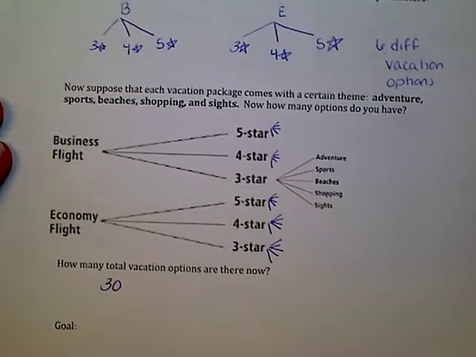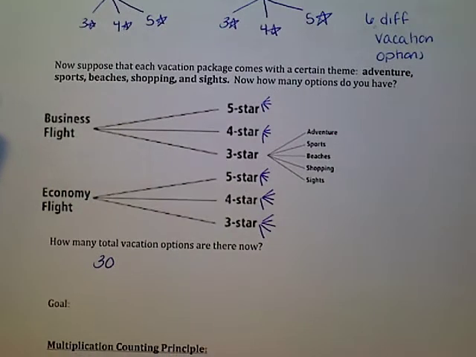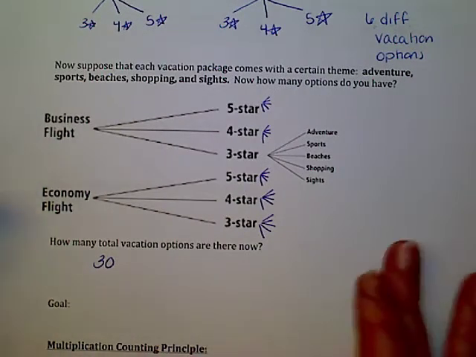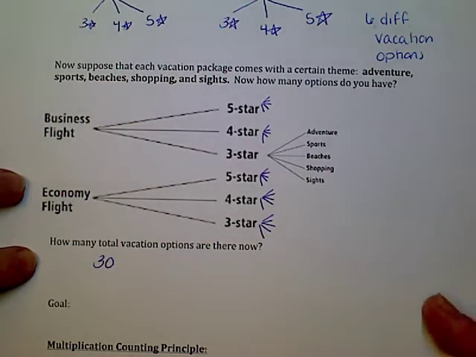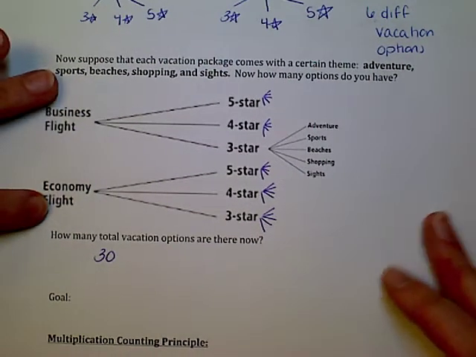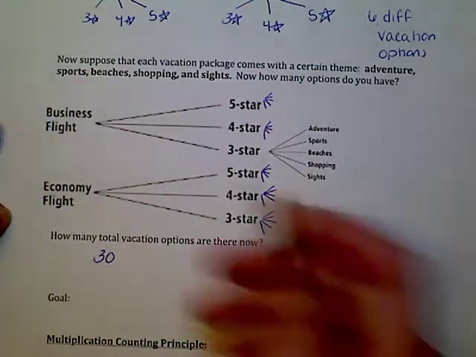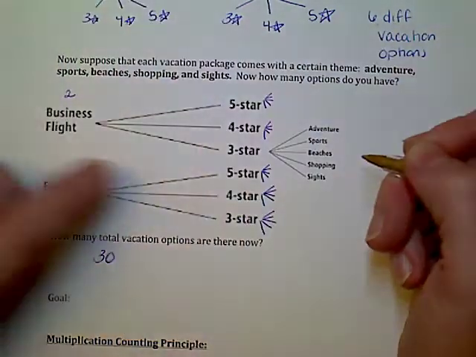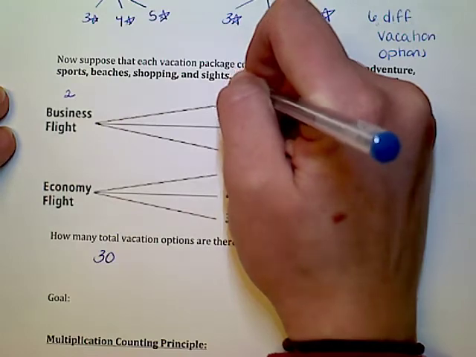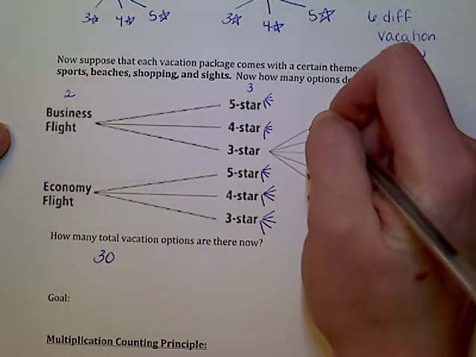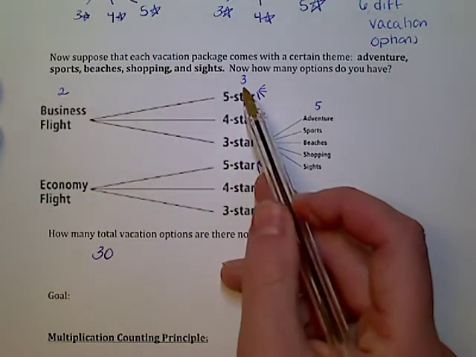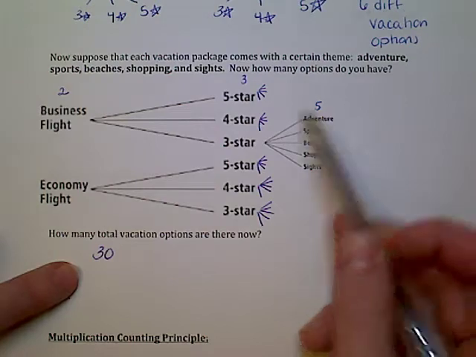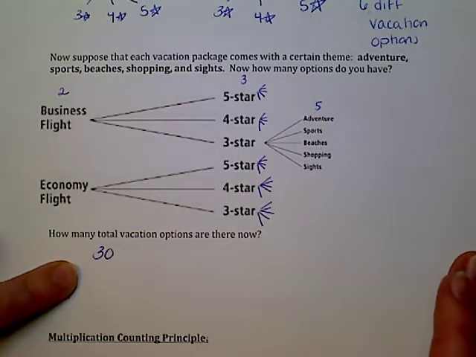But I'm hoping that you start to notice something. The number of options actually corresponds to something else. If you think about how many options you had, for the flight there were 2 options, for the stars there were 3 options, and for the theme there were 5 options. It is not a coincidence that 2 times 3 times 5 is 30.